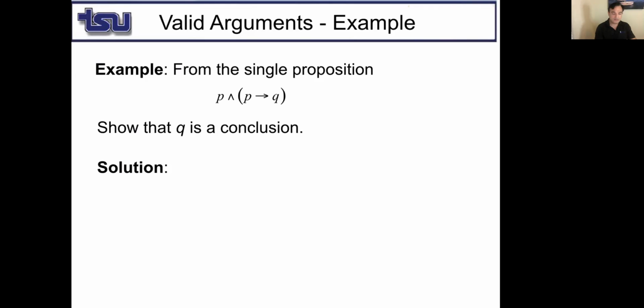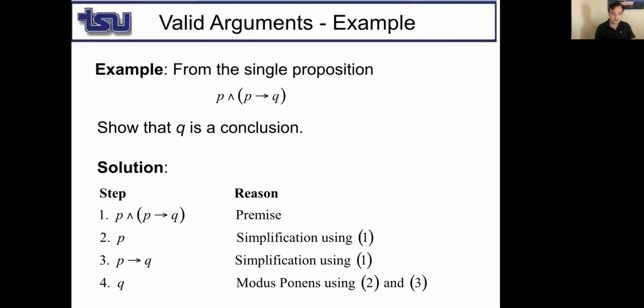Think about this. It says P and P implies Q. From this proposition, we will conclude that if P is true and P implies Q is true, then Q must be true, okay? So here it is. This is the premise. This is given to us.